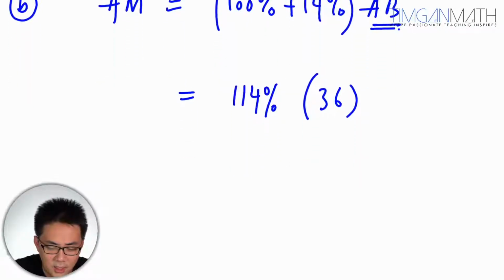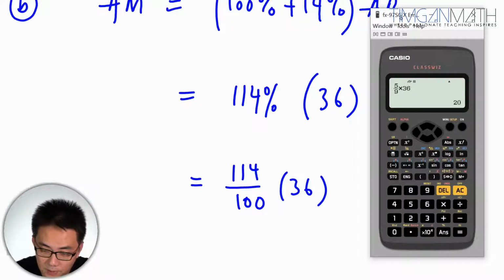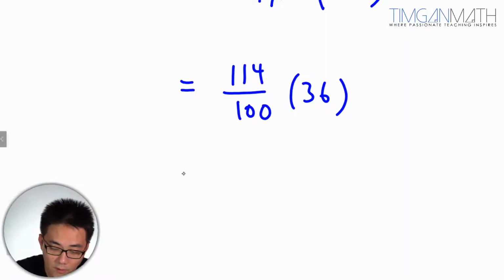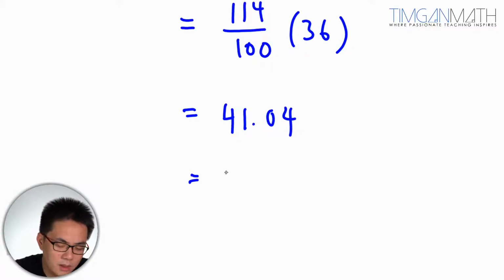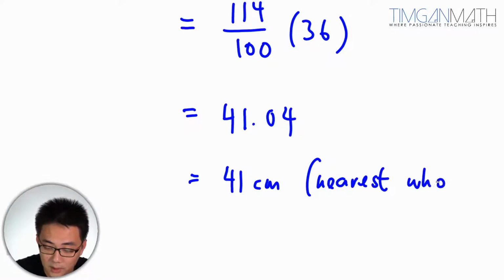So what I'm going to get is 114 over 100 multiplied by 36. This will be 114 divided by 100 multiplied by 36, which is 41.04, so this is actually just 41 cm, because they ask us for the nearest whole number.